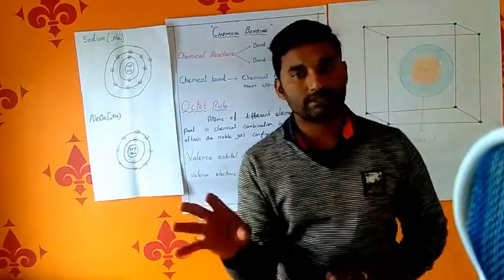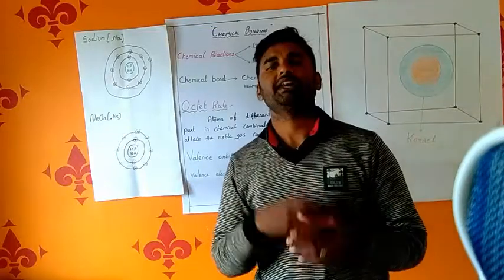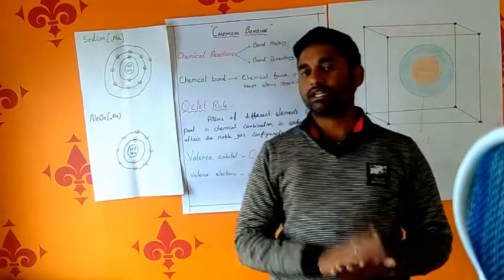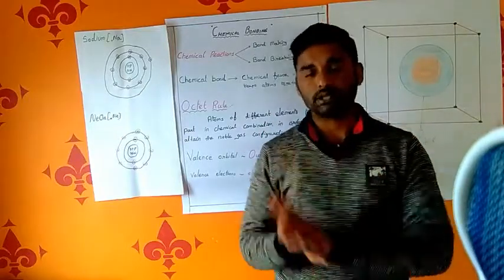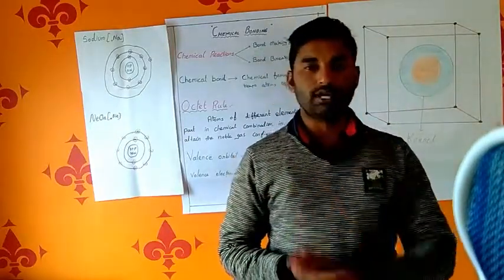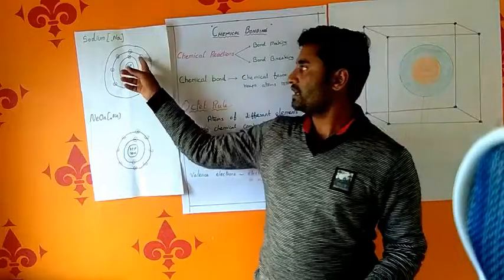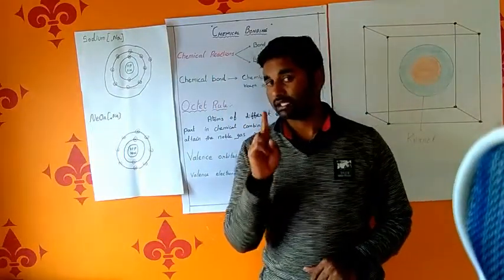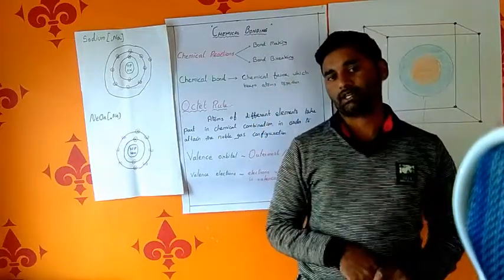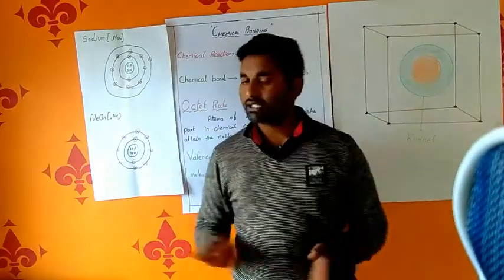The valence orbital is the last orbital of any element, and the electrons present in the valence orbital are called valence electrons. See here, sodium has only 1 electron in the valence shell, so it has only 1 valence electron.